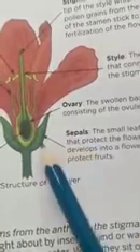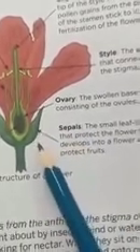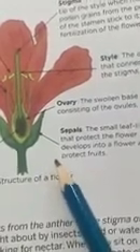The small leaf-like structure that protects the flower and bud before it develops into a flower, and later protects the fruits. The green leaf-like structure in the outermost circle of a flower is called sepal. They protect the flower during the bud stage. So the main parts of a flower are sepal, petals, stamen, and pistil.